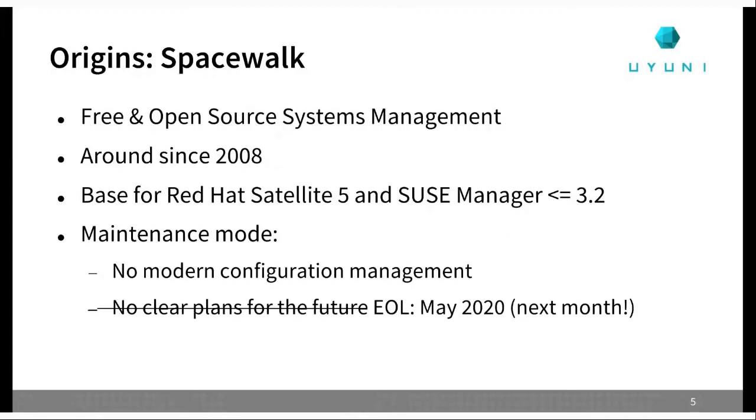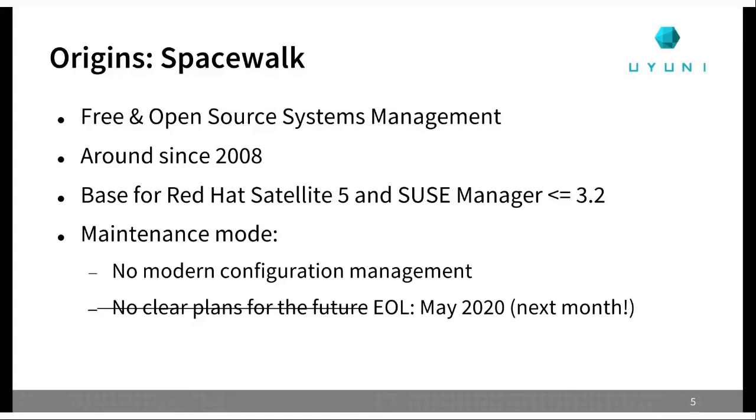Now, where does Uyuni come from? In 2010, SUSE took the Spacewalk project from Red Hat, which was the upstream for Red Hat Satellite 5, painted it green, adapted it to SUSE systems, and contributed to Spacewalk. Around 2018, the situation with Spacewalk was, well, not so good.